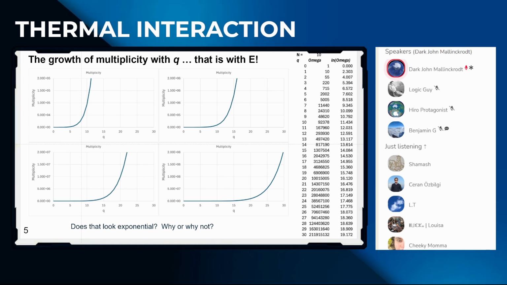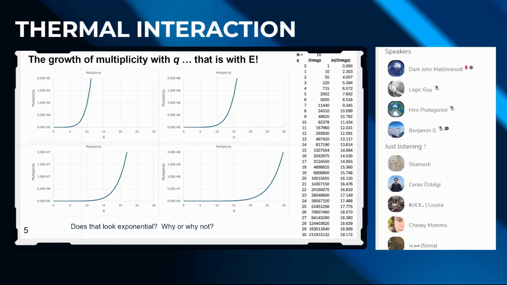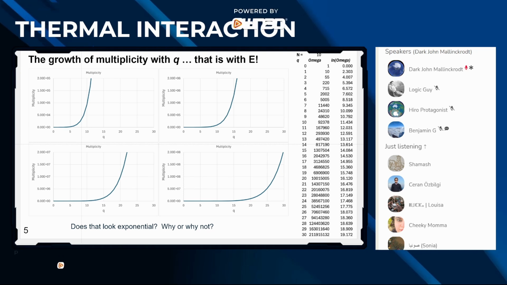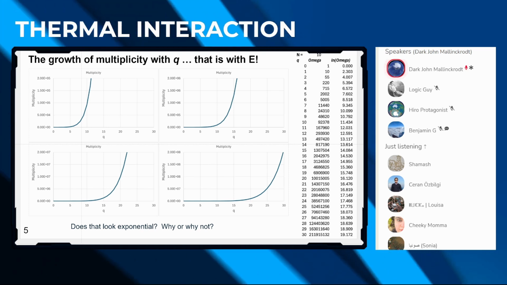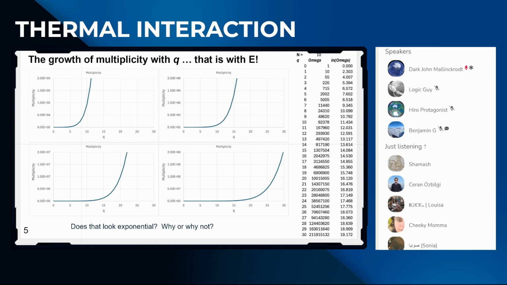You'll see over there on slide 5 a table for 10 oscillators. When Q is equal to 0, when there is no energy to store, there's exactly one way of doing that. When I have 1 unit of energy to store, there's 10 ways of doing that. I just have to pick which oscillator to put it in.